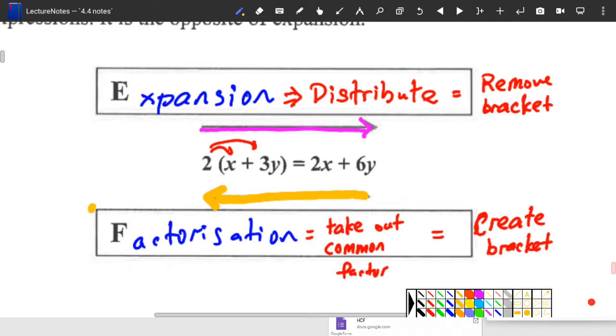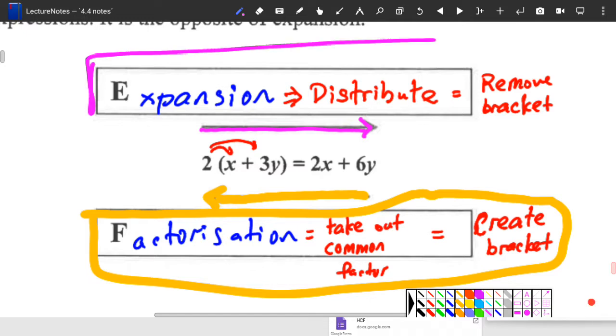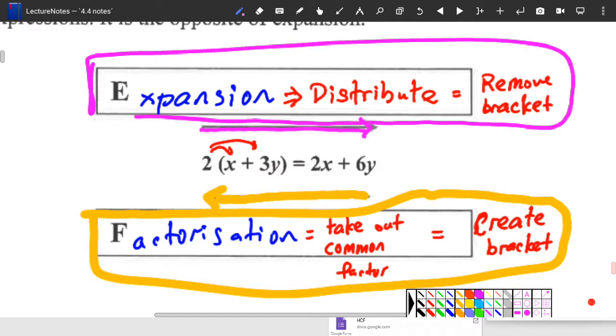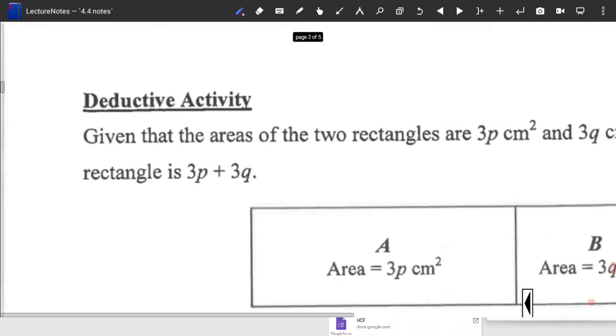So the reverse direction is actually factorization, while the top one is actually expansion. So you can highlight in whatever way you want to tell yourself what is happening. Yeah? Benjamin, okay?